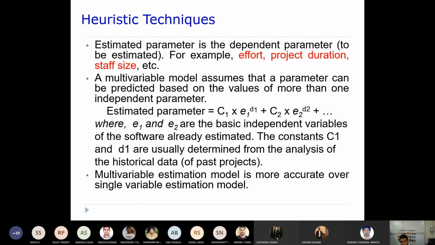These constants are determined from the analysis of historical data collected from past similar projects.